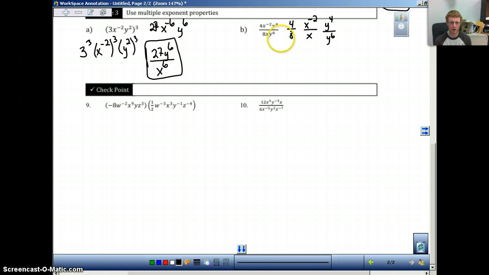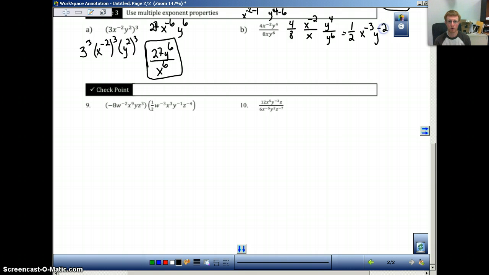So 4 over 8 is 1/2. X to the negative 2 over x, that's x to the negative 2 minus 1. So that's going to be x to the negative 3. And then we have y to the 4 minus 6. That's y to the negative 2.